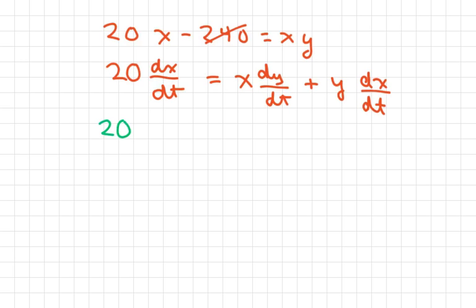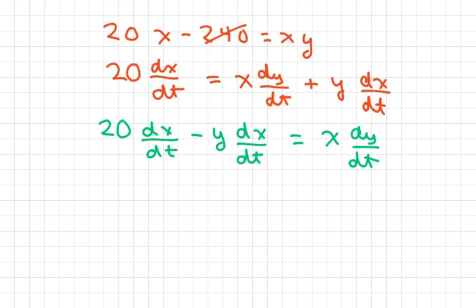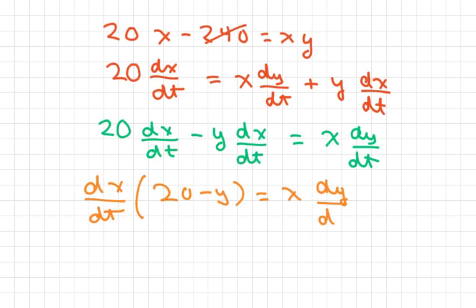So we're 20 derivative of x with respect to t minus y times derivative of x with respect to t equals x times the derivative of y with respect to t. Now factor out the derivative of x with respect to t, and we get 20 minus y equals x times derivative of y with respect to t.